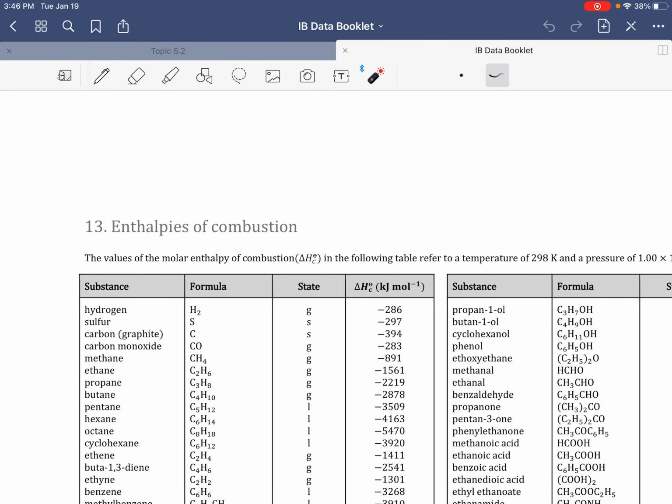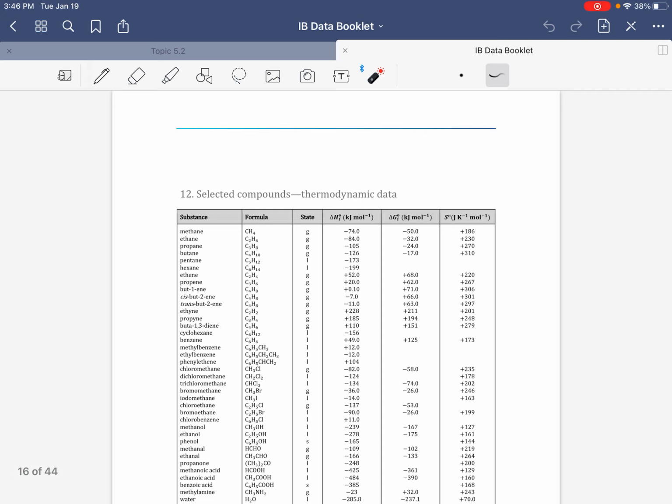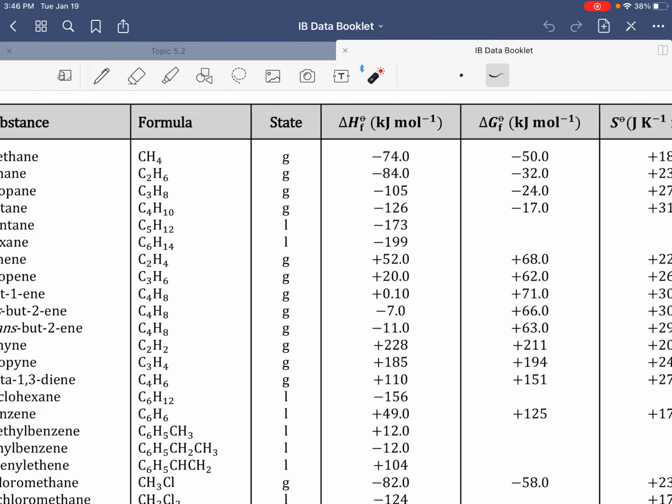We will talk about these numbers in the next lesson, because these are numbers that got discovered by scientists who actually went to investigate these guys. Like, for example, here, CH4, methane.